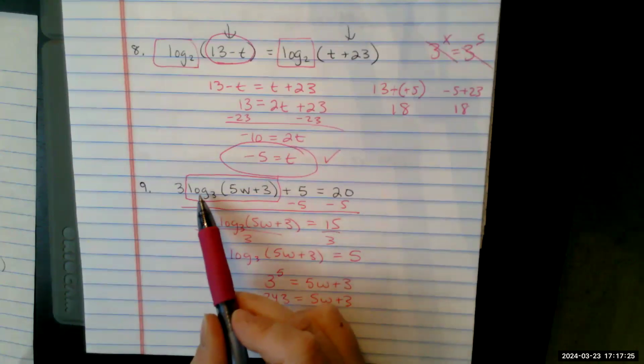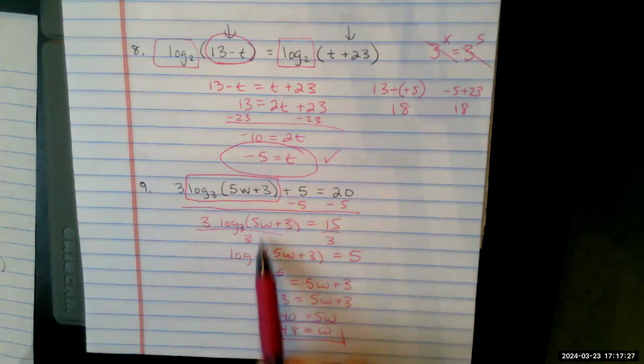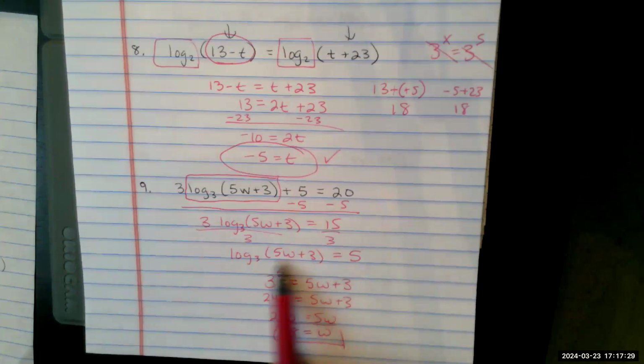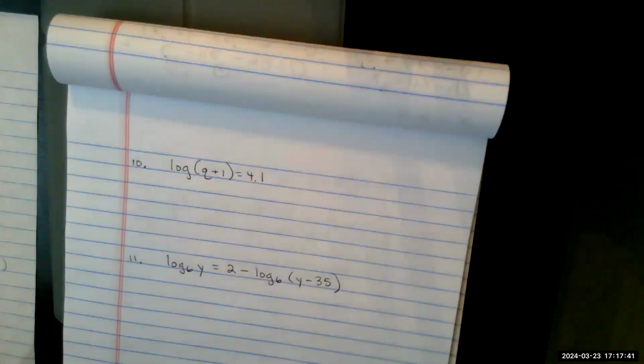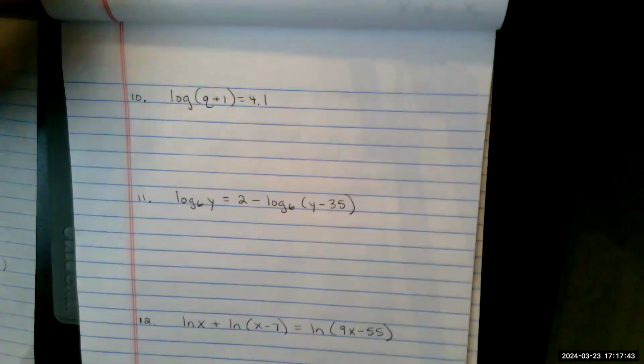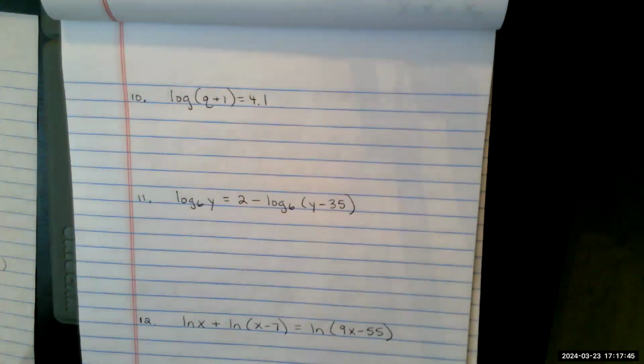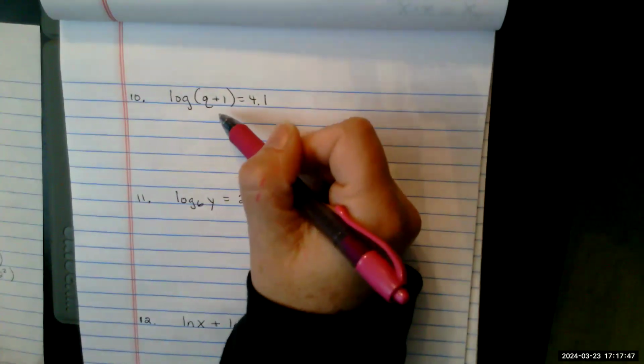So again, when there's only one log in the problem, you're usually going to want to get it by itself. And then if you're stuck, change it to exponential form. Okay. So I'm going a little fast because I wanted to do a lot of examples so you can see all the different types. So this is exactly like what we just had.